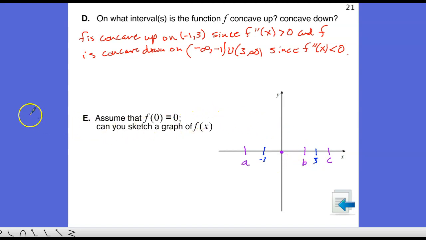Now we had a maximum located at A. We had a minimum located at B. Another maximum at C. We had a point of inflection located at 3 and a point of inflection located at -1. And so I'm just going to sketch a curve through all of these points.